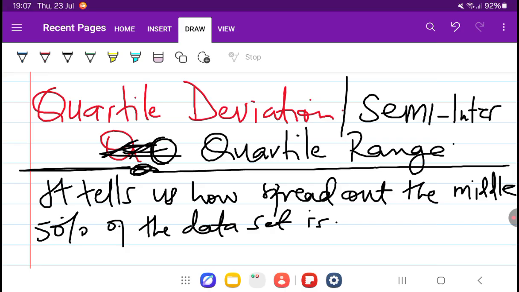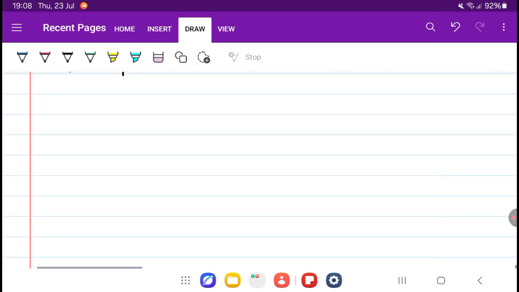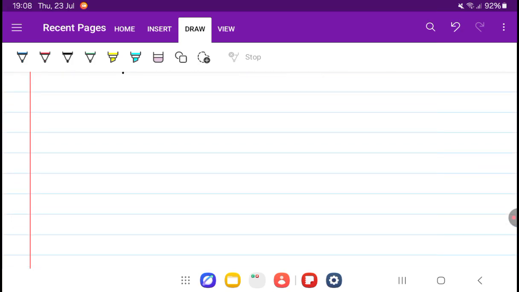So this kind of arrangement is not going to be affected by the outliers, both the lowest extreme value and the highest extreme value, if the outliers are being given to us.